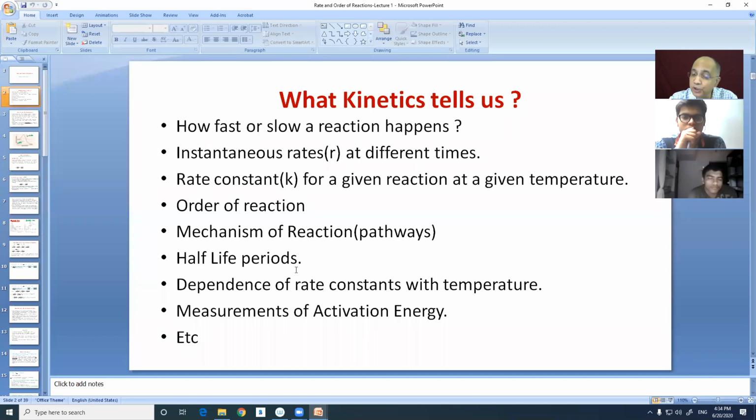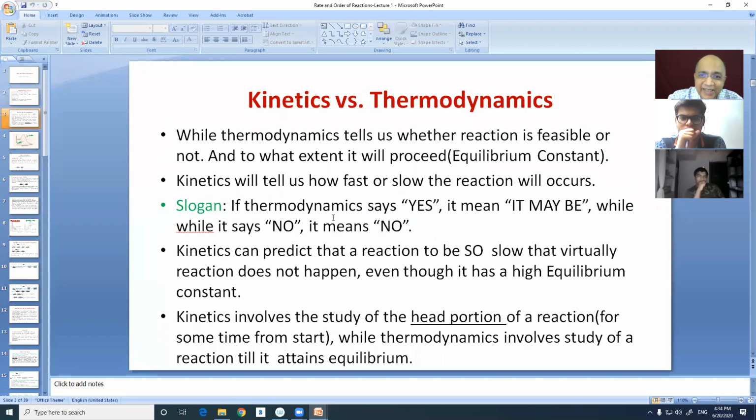These are very important to have an idea about the type of reaction, whether it is a slow reaction or a fast reaction, dependence of rate constants on temperature, measurement of activation energy, and so many other things. And here I find it really interesting to once again compare kinetics and thermodynamics.